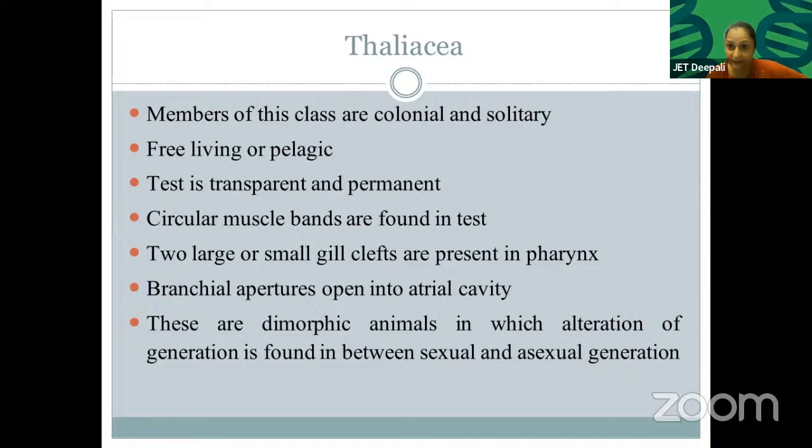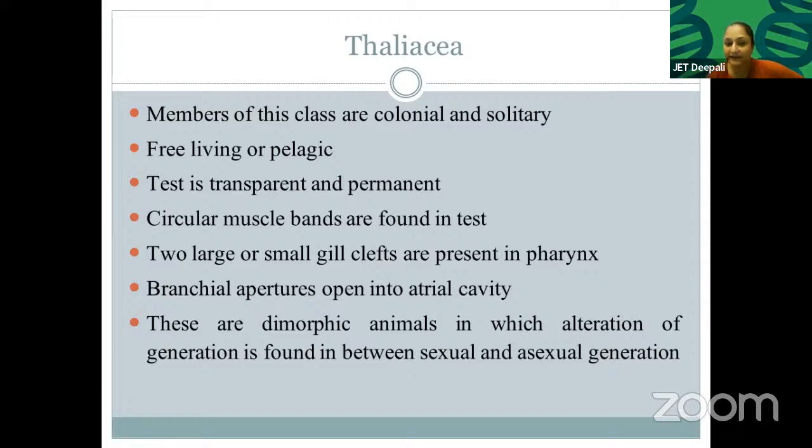These are connected. Means our heart and lungs are interconnected because we need them for the double circulation of blood. I will explain the double circulation, then you will understand this line more appropriately. Branchial apertures open into the atrial cavity. Atrial means heart cavity here, and branchial apertures open into the heart cavity. Why? Because they need to do the circulation of their blood.